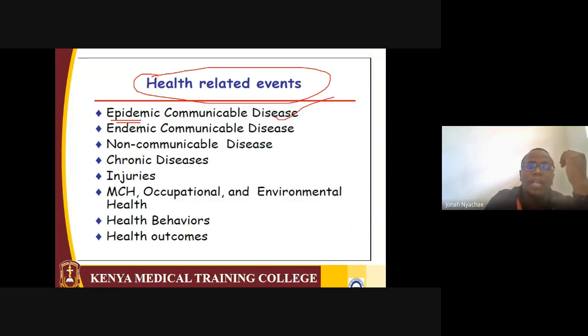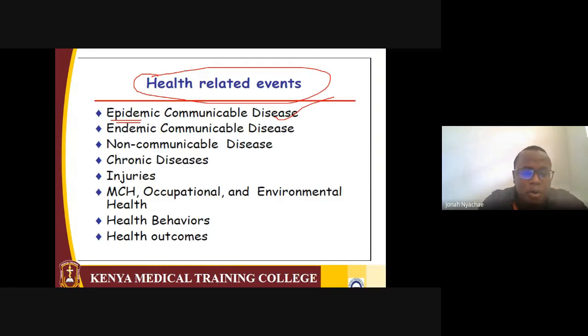Epidemic, we are talking about a disease that has now subdued a particular community, but it has not gone over the geographical boundary.